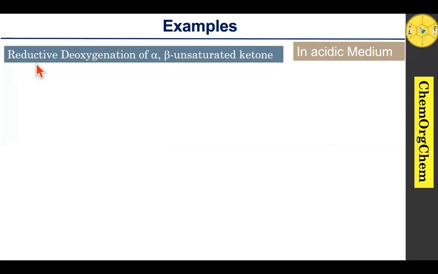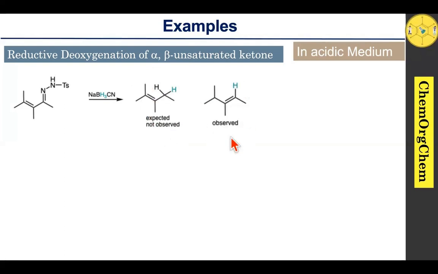Next, we move on to the reductive deoxygenation of alpha beta unsaturated ketones. This mechanism is slightly different compared to our previous case. Now consider this example. When you use sodium cyanoborohydride, we would expect to get this product. However, this product is not observed. Instead, we get this kind of product.